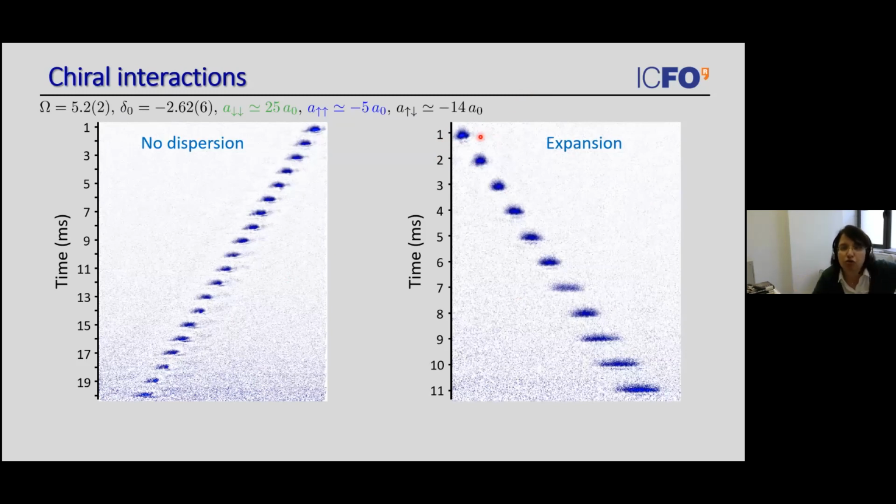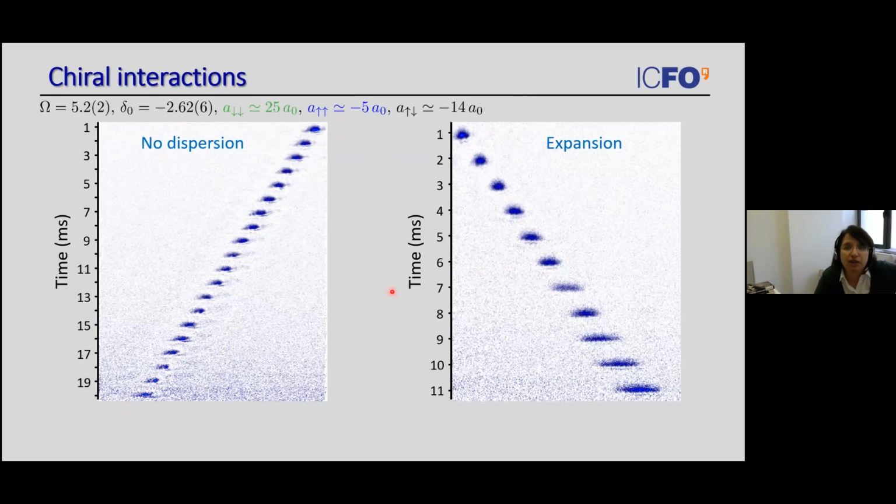And what you see is that when we kick them to the right, the atoms start to expand. That makes sense because we remove the confinement along the waveguide, so they just spread. But if we do exactly the same experiment, but we kick them to the left, then what we see is that they propagate along the waveguide without any dispersion. So the size is not changing over time.